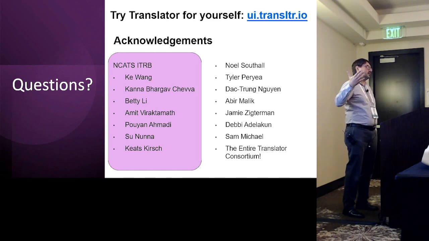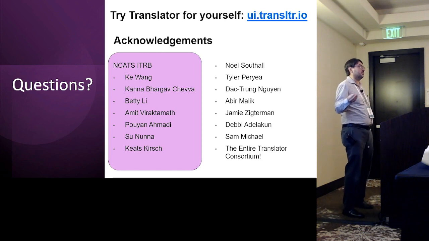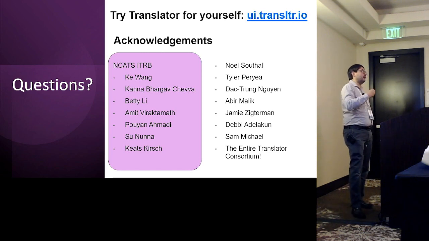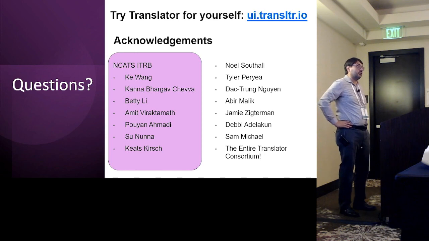You're not going to get the PI playing around with Translator. They're too busy writing grants. But the postdocs and the graduate students who are invested in trying to find new things to explore in their own research, either currently or moving forward, I think are the people that we're going to really push for.